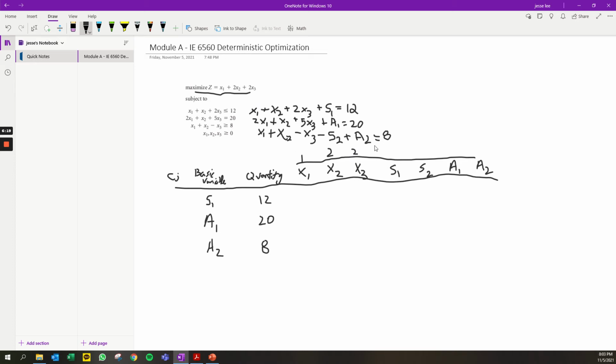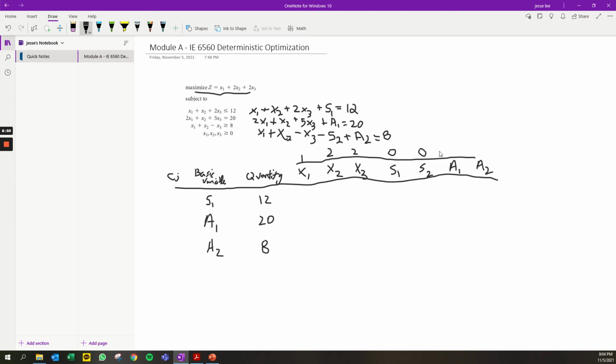And then notice how there's no S1 or A1 or A2 here. So for the s variables, we'll add 0 as coefficients. And then for A1 and A2, we're going to put a large value, and we'll denote that large value by the letter M, which is short for million. But here, notice that it's a maximized question.